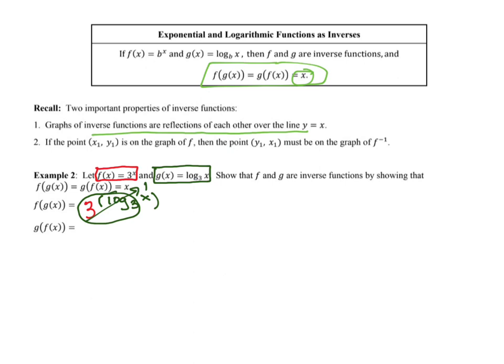Okay, so if I have 3 to the log base 3 of x, would you have to log base 3? The only reason I picked this, folks, is if you set it equal to 0 or x, which is what I think I did in my head when I said log.